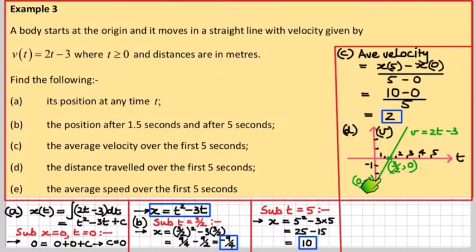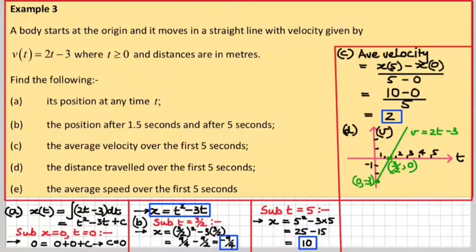So what we'll have to do is we'll have to work out the change in position from here compared to here for the first part of the journey, which was going backwards or in the negative direction, strip off the minus, which we'll get in terms of the displacement from here to here, and then in the second part of the calculation we'll have to work out the change in position from this time to when t is 5, and then we'll have to strip off any plus or minus from that component of the journey, just leaving distance, and then add the distance for this part, the negative direction part, and then add that to the positive direction part, and then we have the distance travelled over the first 5 seconds, okay?